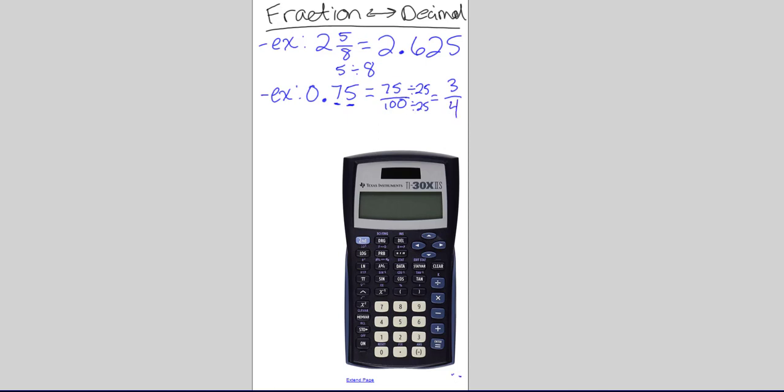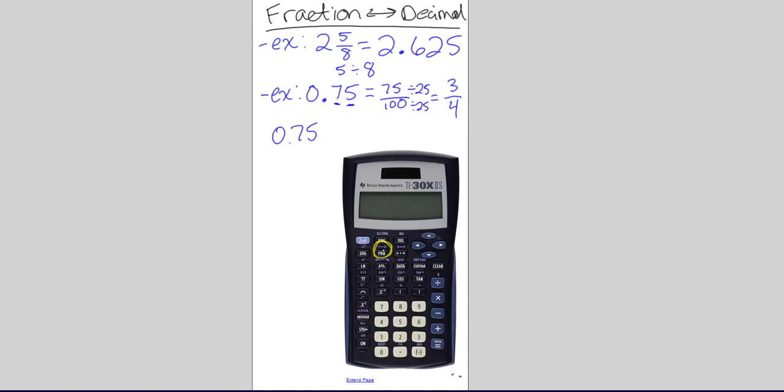Now in your calculator, the first example, going fraction to decimal, I usually would just do it like I said in your calculator using division. But with decimals to fractions, an easy way to do this is there's an F to D button. So it's right above PRB. So for this example, I would enter my 0.75.